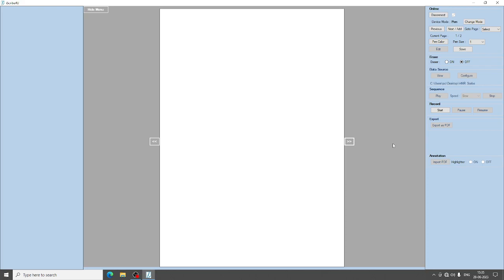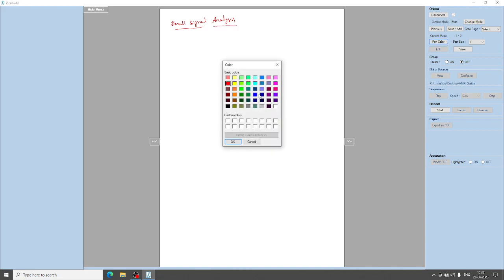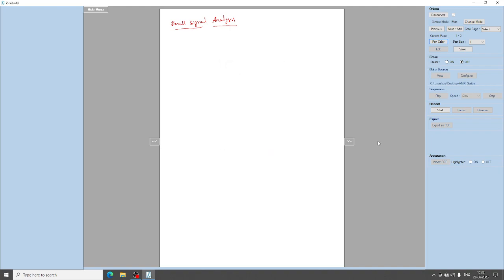Now coming to the AC analysis or the small signal analysis, right. So here for the small signal analysis we will again consider the same circuit.